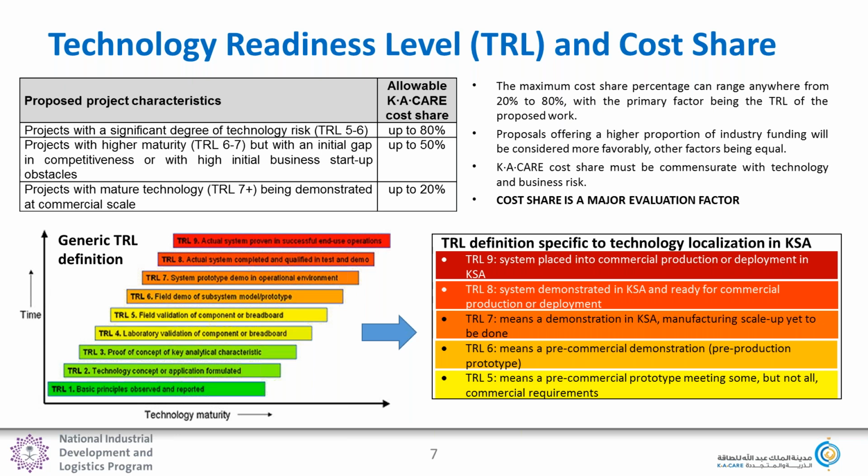I think it is also fair to say that we're targeting programs that are in this TRL 6 to 7 level with 50% cost share as the main expectation.